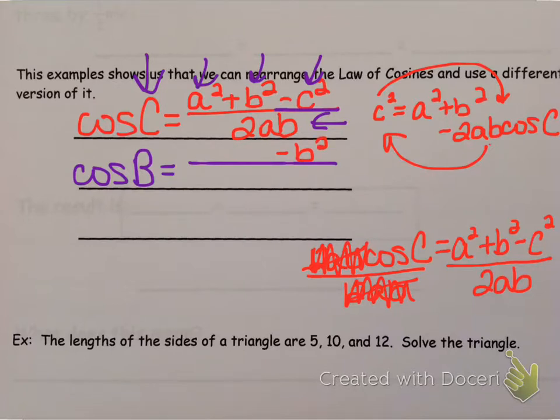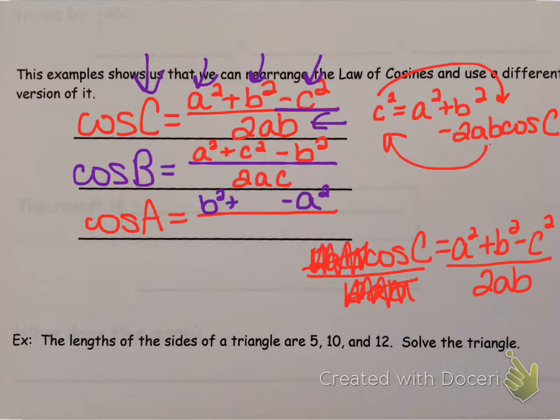Everywhere else I need side A and side C. So this would be a squared plus c squared, and this would be 2ac. And then the last version would be if I was using it to find angle A. The only place I would use side A is, once again, at the tail end of the numerator as the subtraction part. Everywhere else I would use side B and side C.